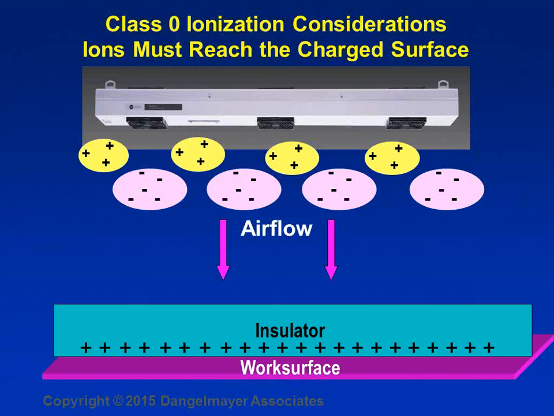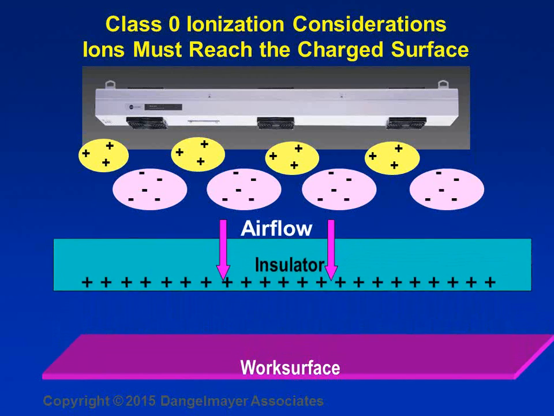Now, if we were to lift the insulator, now the airflow can get to that charged surface and neutralize it as well. So think of an ionizer like a can of spray paint. There's some overspray that will go around the edges perhaps, but you really need direct access for it to be effective. You'll also notice that when it was sitting on the work surface, voltage suppression reduced its efficiency.